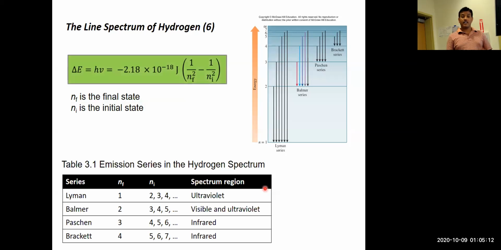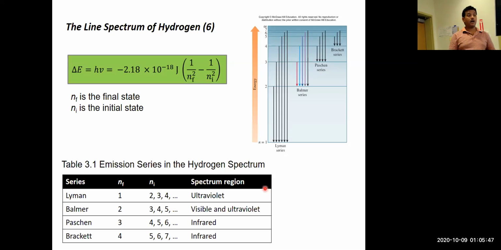So these are all the possible emissions of the hydrogen spectrum, including those that fall into the visible spectrum range and also the rest of the electromagnetic spectrum. When an electron in a hydrogen atom absorbs photon energy, it goes to higher energy shells, could be N2, N3, N4, N5, N6, and it will come back to all different energy levels.